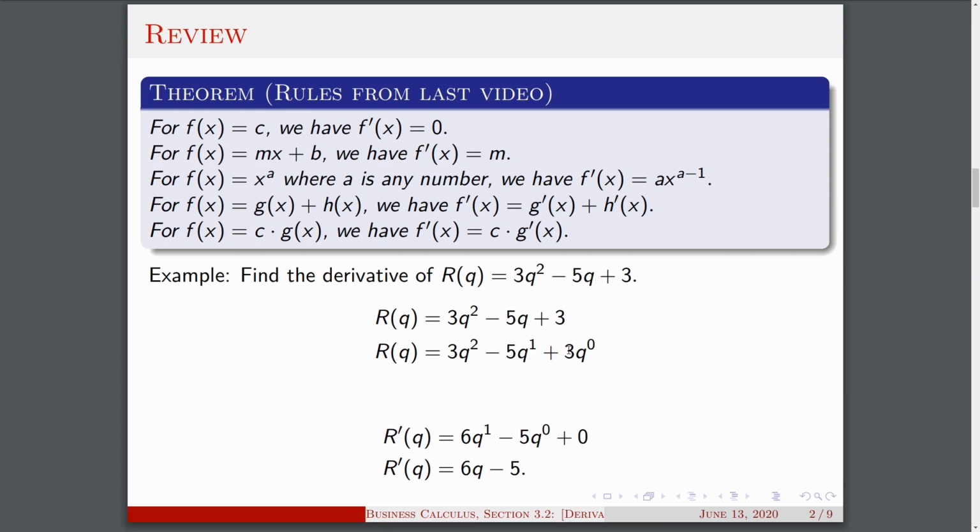And this 3q to the 0, I could think of bringing the 0 out in front. So 0 times 3 is 0. And 0 times anything is 0. So I just have 0 here. I don't need to write like q to the minus 1. 0 times it will be 0. Okay. And then I could simplify it, leaving off the exponents, just like this.